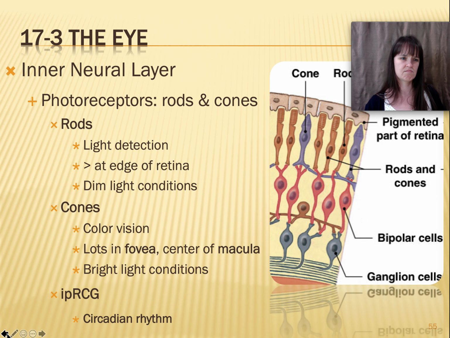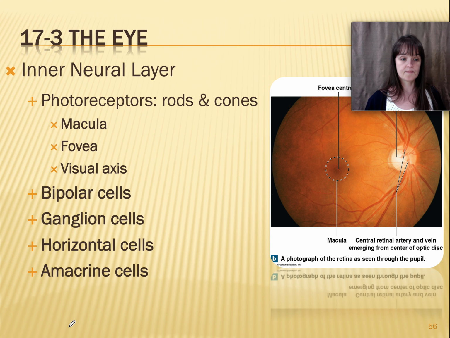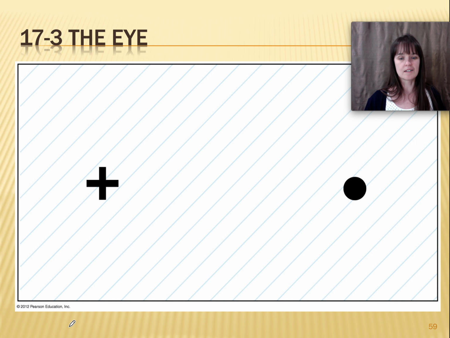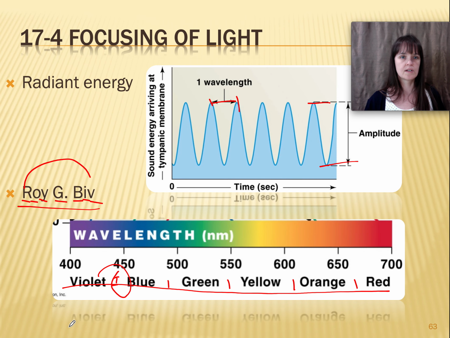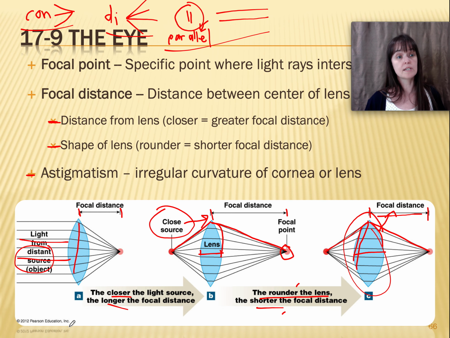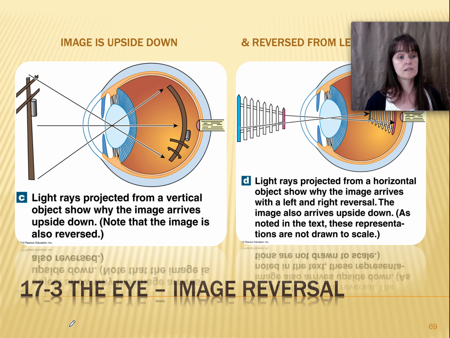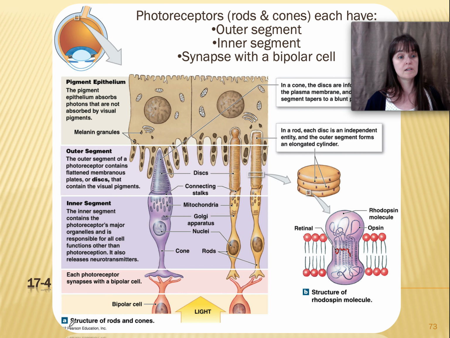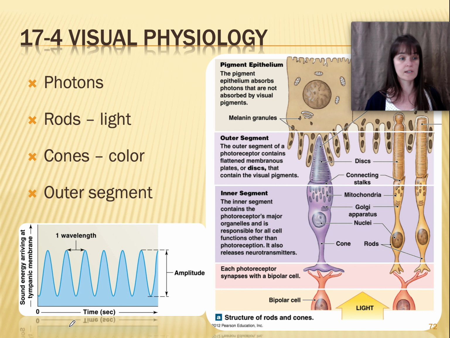Seriously? IPRCG. IPRCG cells. And the rods and cones. I'm going to use the arrows on the keyboard because those work faster. Oh, it's still clicking. Okay.